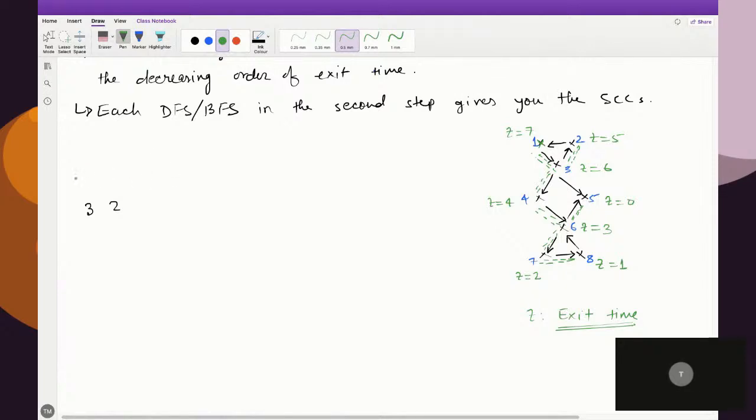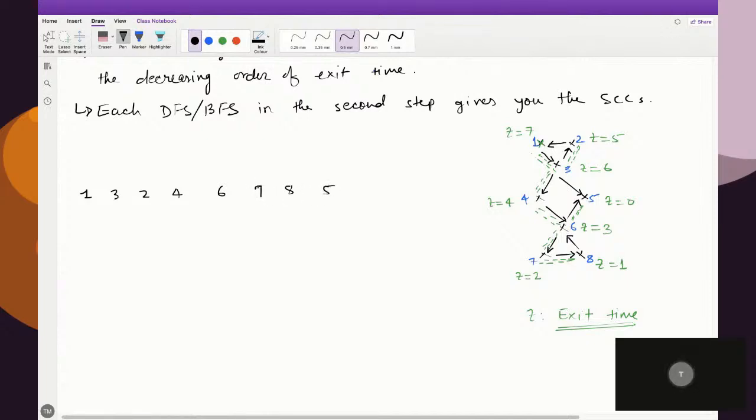So first you will have node number 1, then 3, then 2, and then you will have 4, then 6, then 7, then 8, and then 5.